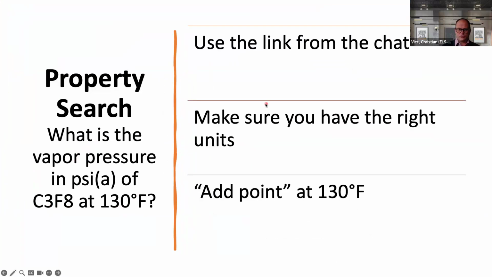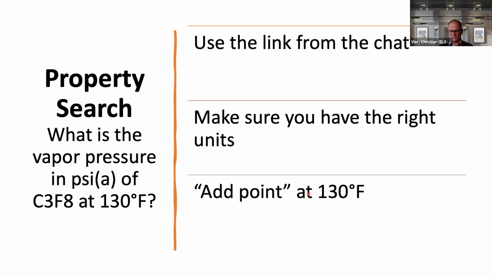Feel free to take advantage of the link I just added into the chat, the last one. Make sure you have the right units. Make sure you're working with degree Fahrenheit and with PSI. And then you add the point at the 130 degree Fahrenheit. And I would like to know the vapor pressure in PSI now.